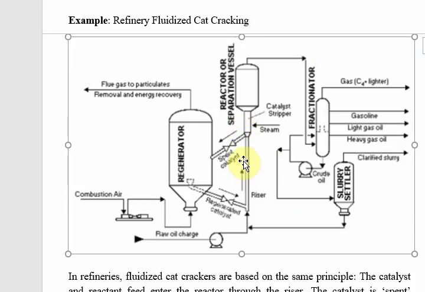Now, of course, over time, we find better and better ways of regenerating that catalyst. In the past, the regeneration would happen in this vessel. Today, the regeneration is done so efficiently that, I think, it happens in one of these lines.